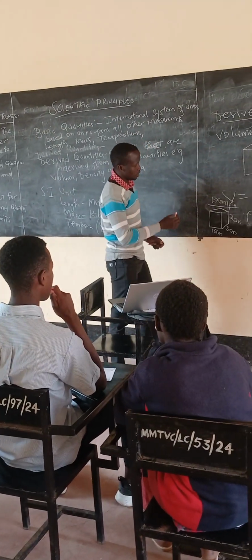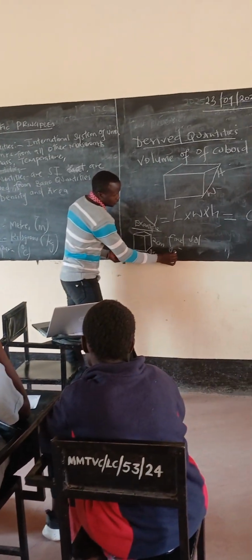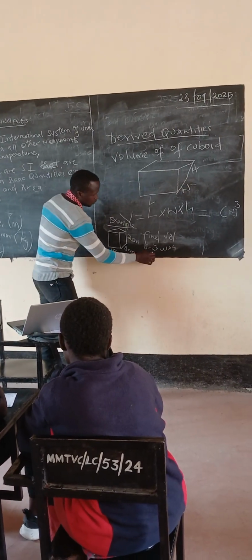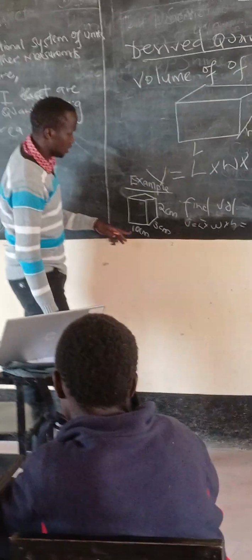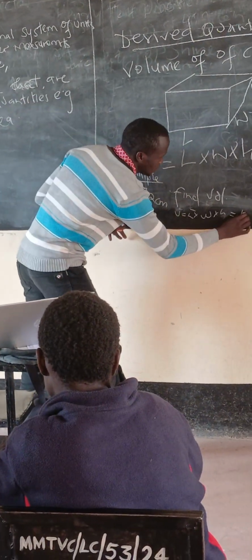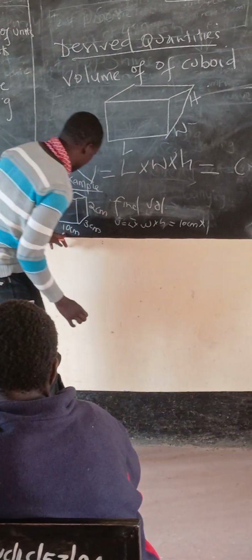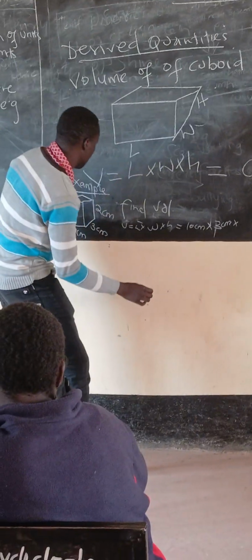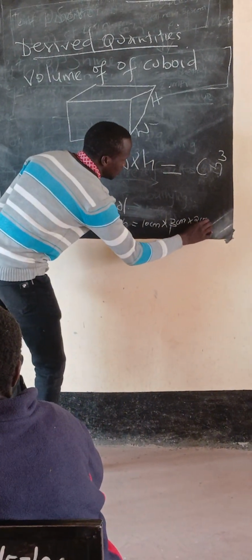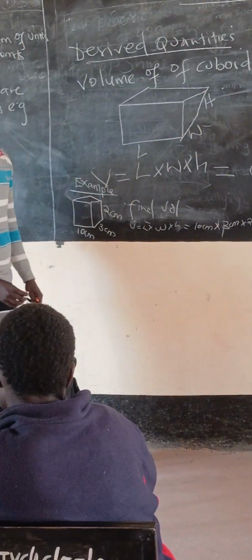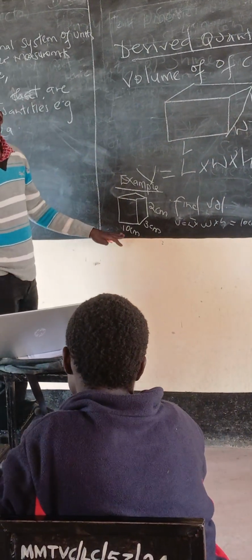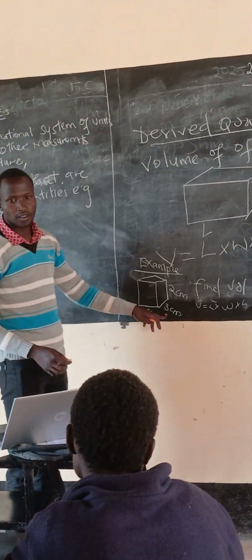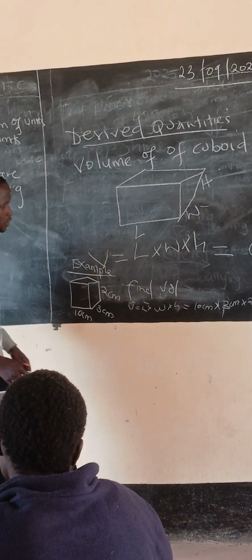So volume of a cuboid is length times width times height, which is equal to length as 10 centimeters multiplied by 3 centimeters multiplied by 2 centimeters. On a calculator, it is simple: 10 times 3 times 2 equals 60.